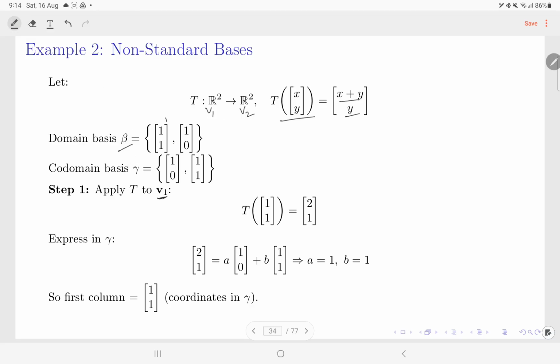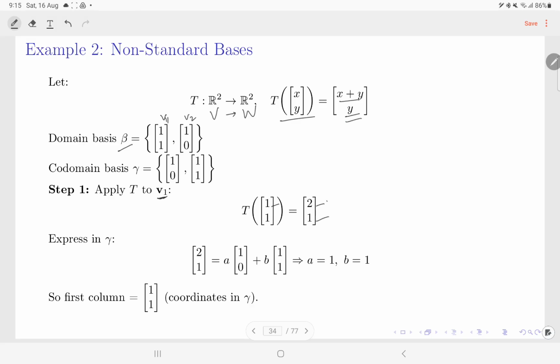Let's say this is your vector space capital V to capital W. Okay, now this is your v1, this is your v2, the basis for V. Okay, how can you write this? First vector (1, 1), after transformation this will be (2, 1).